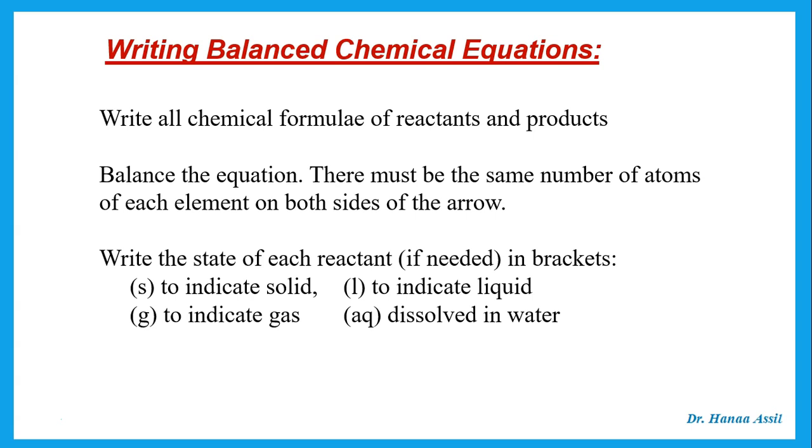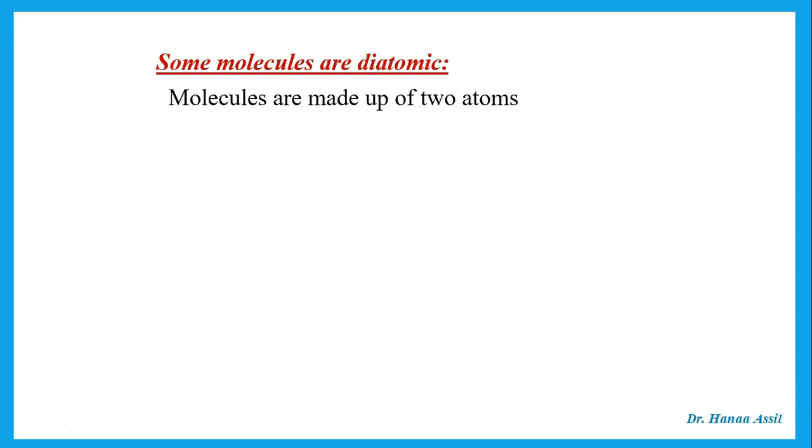So we write the formula and then we balance the equations. If we're required to write state symbols, remember that something that's a solid, I have to include that it has S, that's a solid, L, liquid, G, gas. Aqueous means dissolved in water. So it is a substance that dissolved in water, then its state is aqueous.